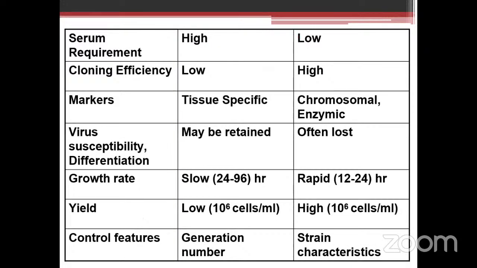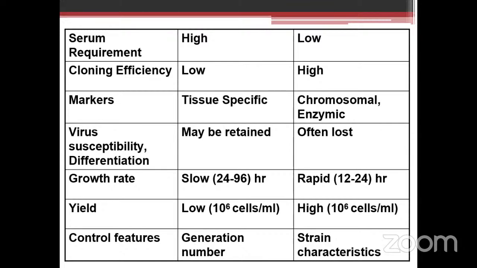The serum requirement for finite cell lines is high. For continuous cell lines, there is a low requirement, which means even without serum they will start growing. Then cloning efficiency. Cloning efficiency is low in finite cell lines, whereas it is very high in transformed or continuous cell lines.